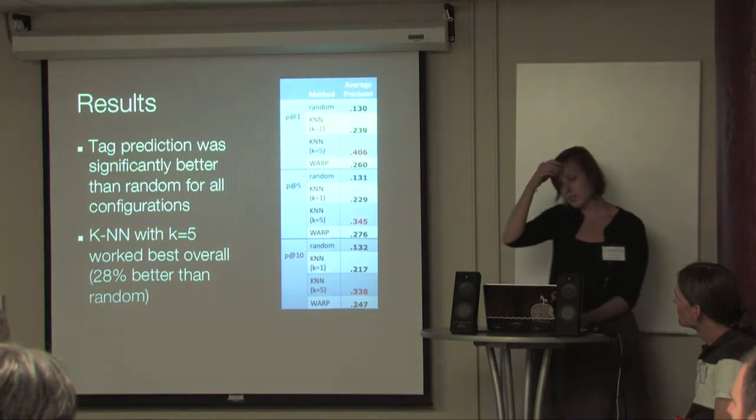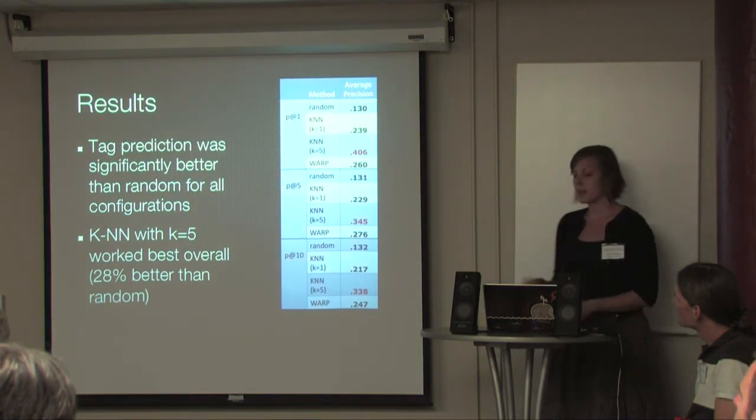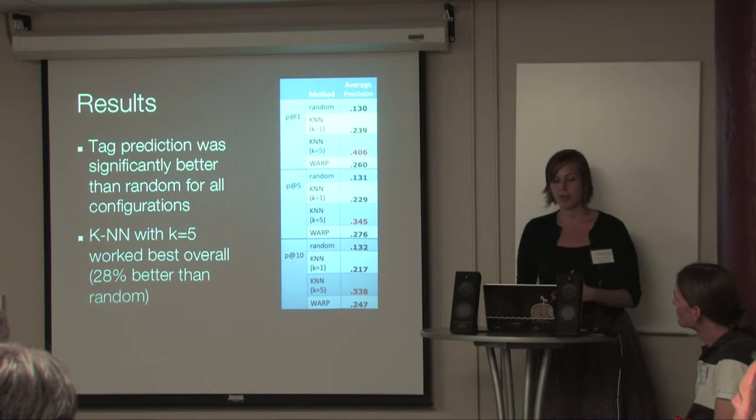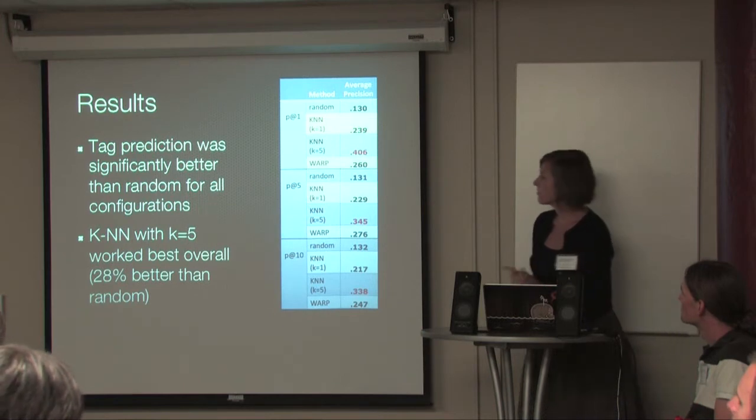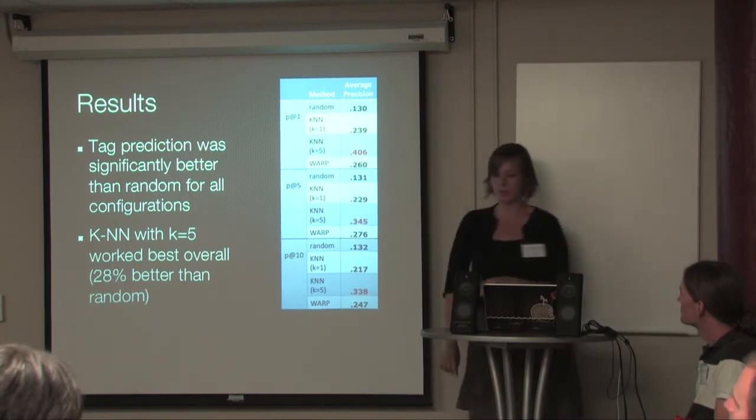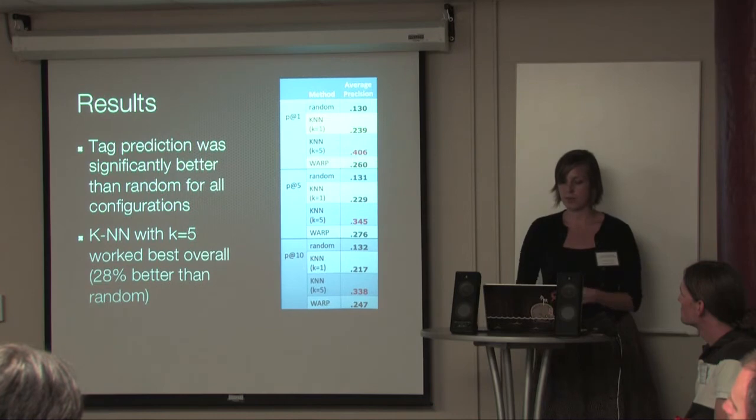Here are the results. Precision at n was evaluated for each subject, and for n equals 1, 5, and 10, and for k equals 1 and 5, using leave-one-out cross-validation over runs.